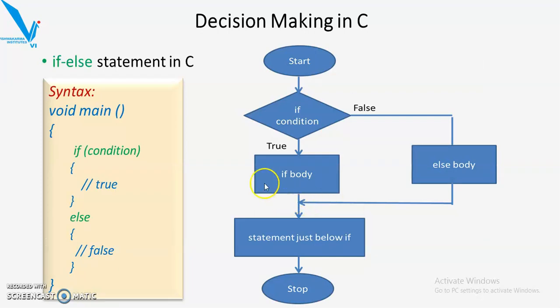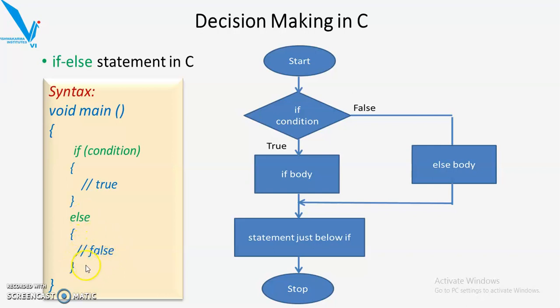Next we have the if-else statement. Similar to the if statement, the body inside the if is going to be executed if the condition is true. Now if the condition is false, the body inside the else statement is going to be executed.